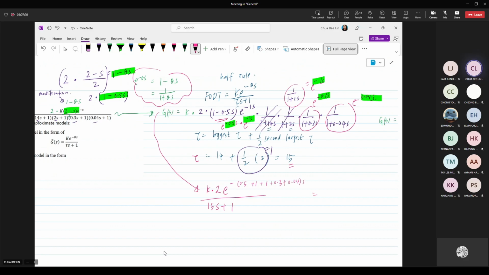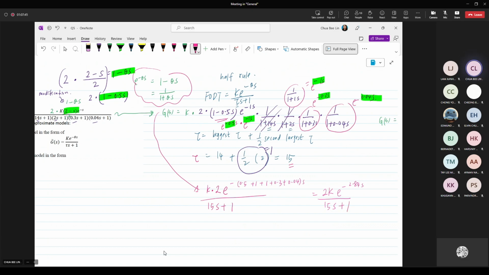So this will give you 2.84. So k, we will normally move the 2 like this, 2k e negative 2.84s over 15s plus 1. So this is the first order.